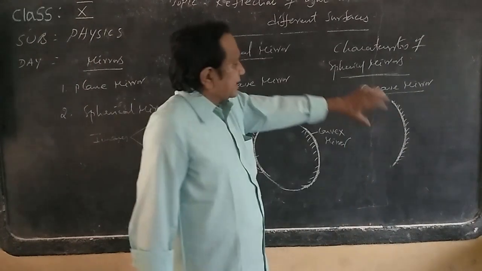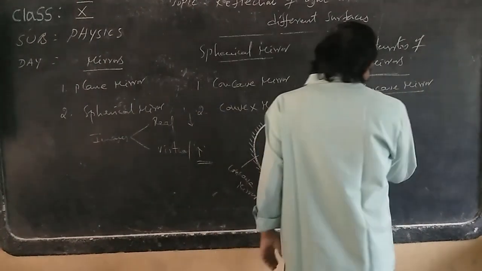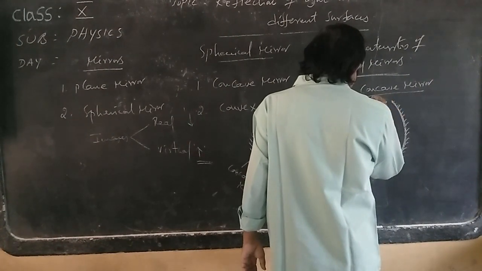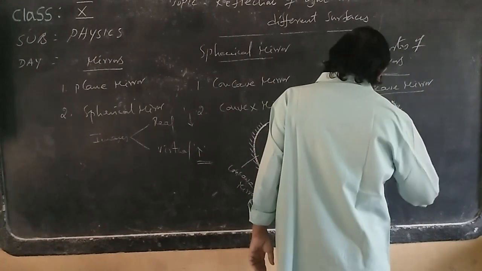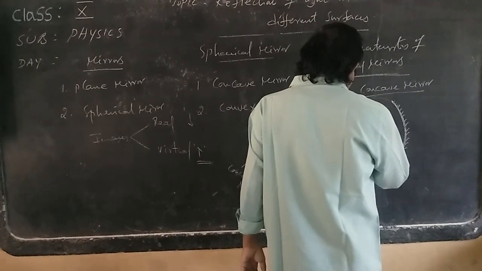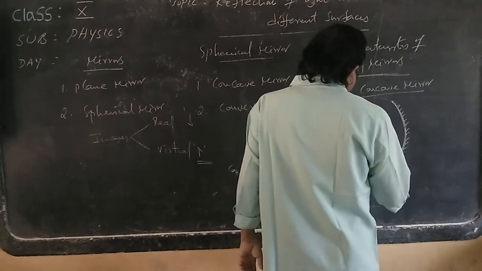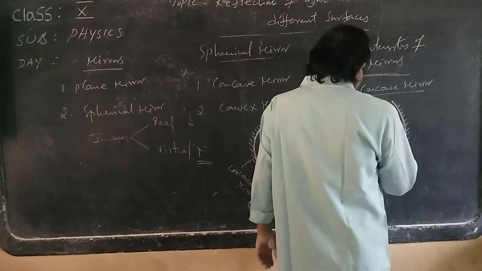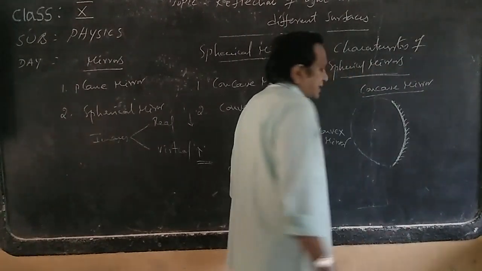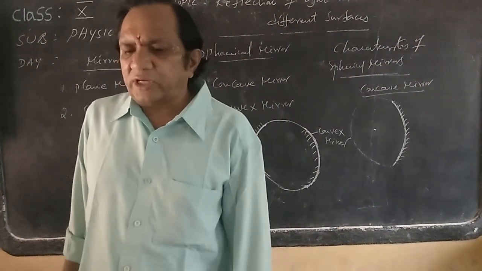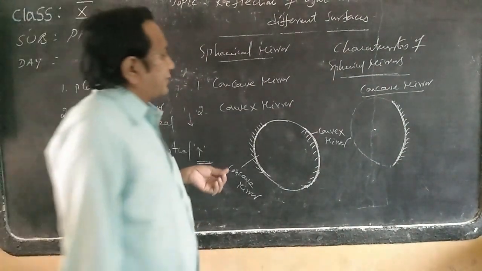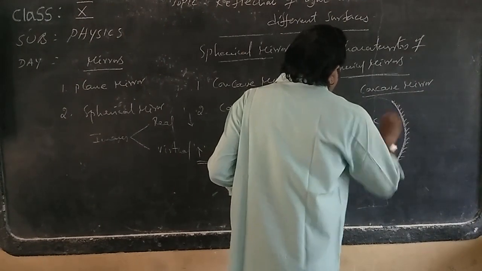Consider the total sphere to be drawn here, with dots. This is the center of the sphere. The center of the total sphere we call the center of curvature. Remember that this is the center of curvature.